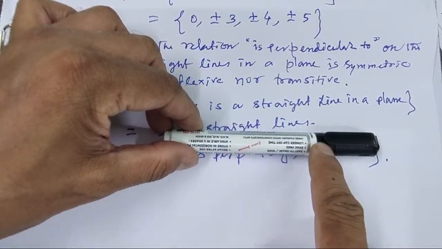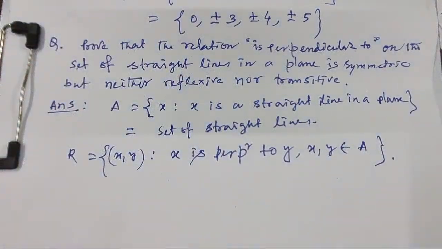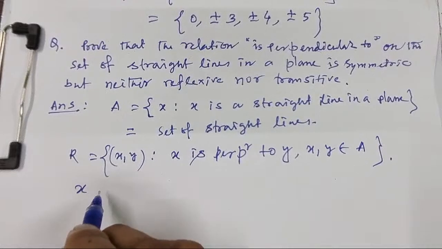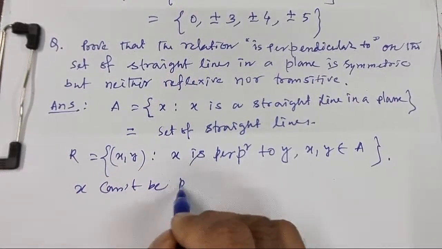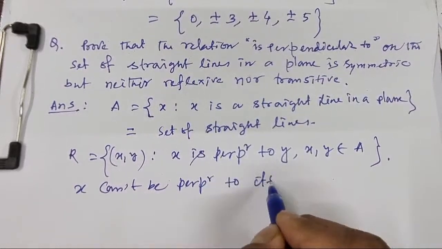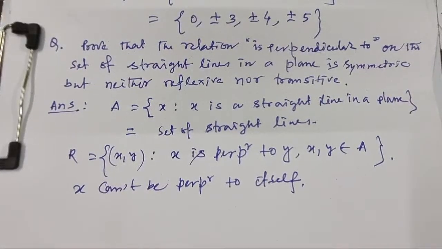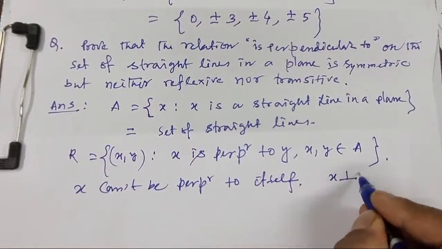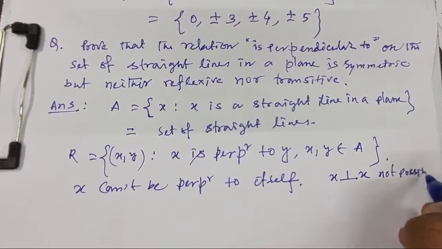No. How come it will come? It's not possible. So here you write x can't be perpendicular to itself. Like x perpendicular to x, not possible.